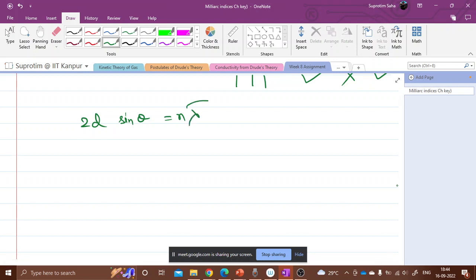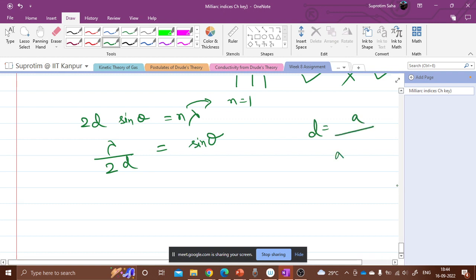Let's just put n equals 1. So lambda over 2d is equal to sine theta, right? Now d is a by square root of h squared plus k squared plus l squared.